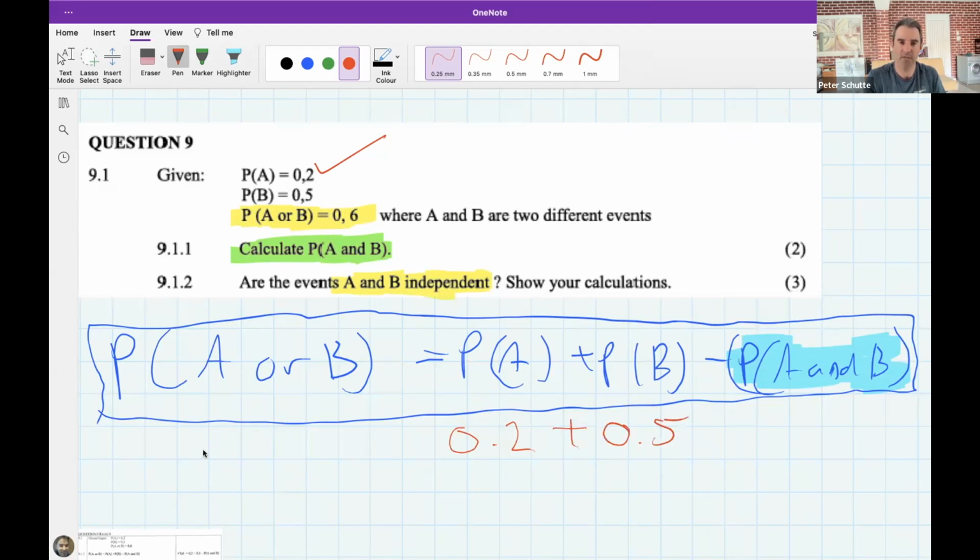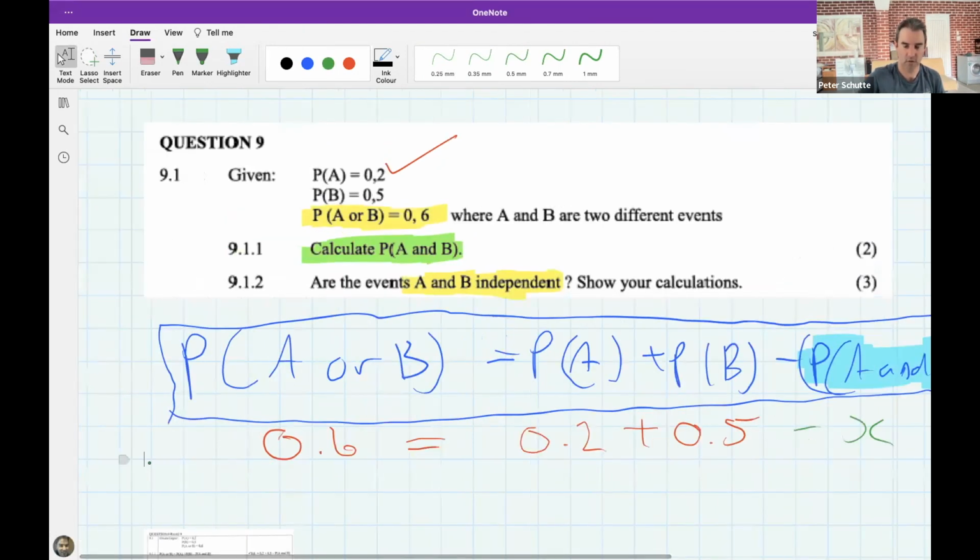So A or B is 0.6. Now we ask ourselves, I suppose we could make this an X if we want, or we can ask ourselves, what do we have to subtract to get 0.7 to be 0.6? Both methods would be fine, but we need to figure out what that missing piece is. So what do we think it is?